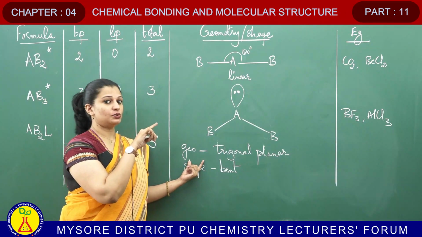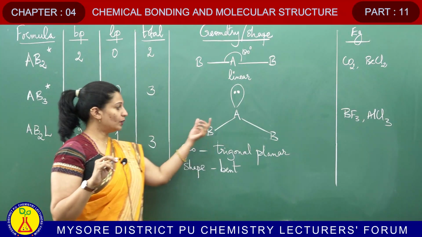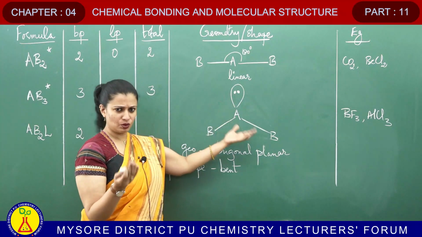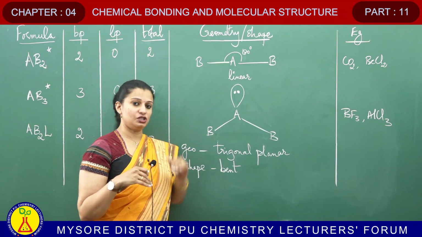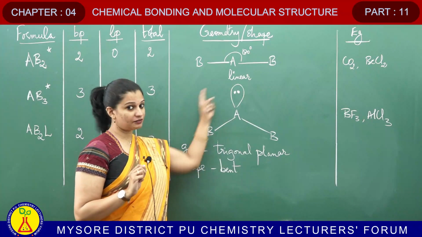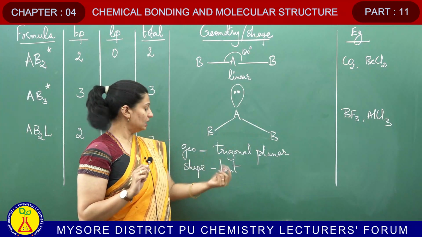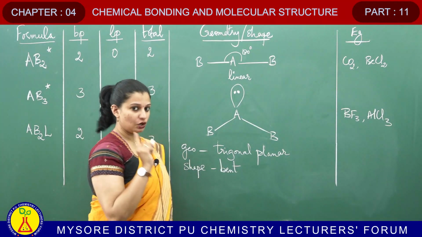From now on, whenever there is 1 or more lone pairs, the geometry and the shape of the molecule is going to change. So, the geometry is still trigonal planar because the orientation of the electron pairs are still like a triangle, but the shape has become bent.